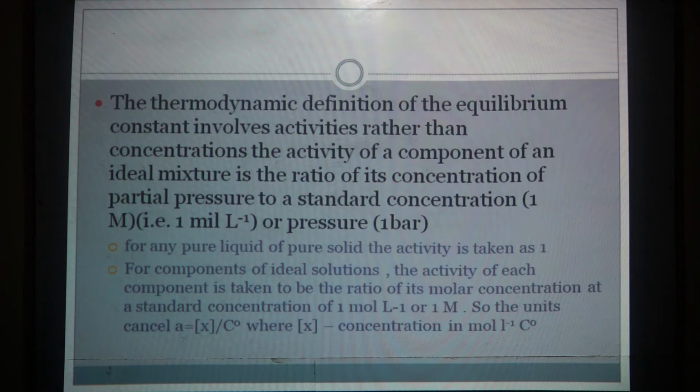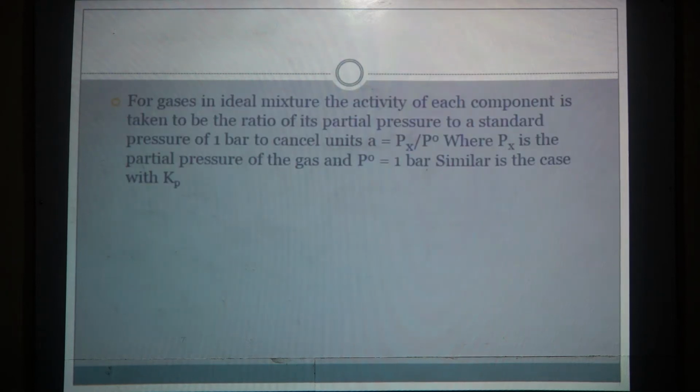For gases in an ideal mixture, the activity of each component is taken to be the ratio of its partial pressure to a standard pressure of 1 bar. To cancel units, a is equal to Px upon P0, where Px is the partial pressure of the gas and P0 is equal to 1 bar, similar to the case with Kp.